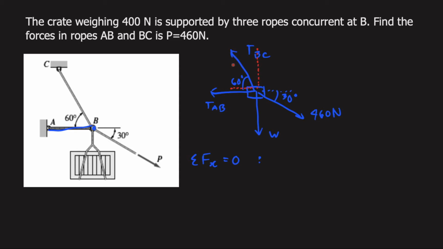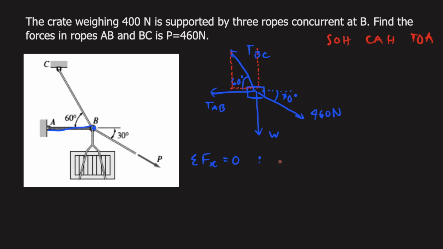If you draw a triangle here, the x component is the adjacent side of this angle 60. So we know that TOA. Since we're given the hypotenuse, which is TBC, and the side TBCx is the adjacent side of the 60 degrees, we will use cosine.